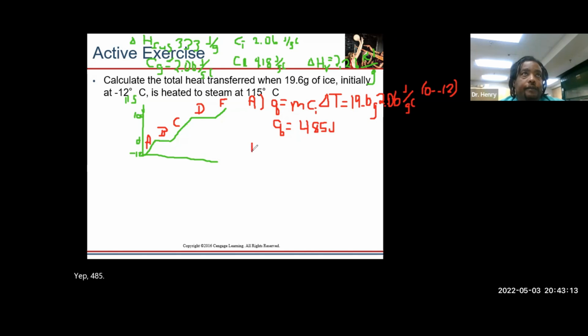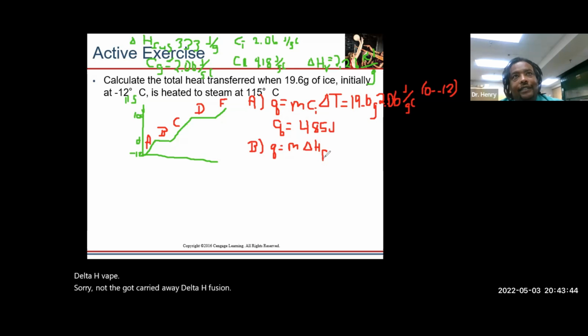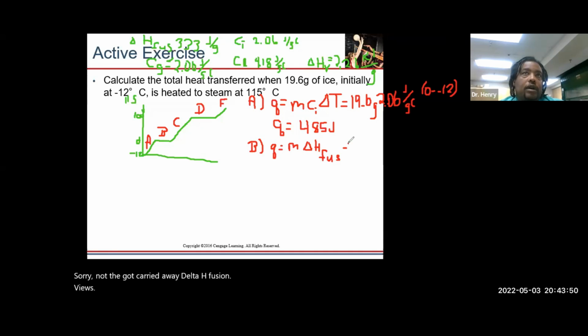Okay, now B is just going to be the mass. Q is going to equal the mass times delta H vap. Oops, sorry, not delta H vap. Got carried away. Delta H fusion. Okay, so delta H fusion.